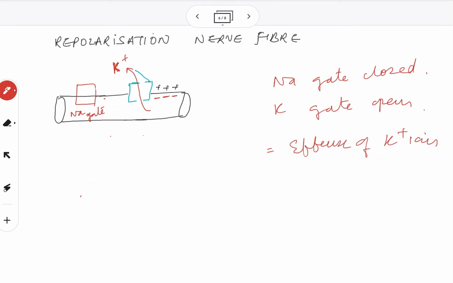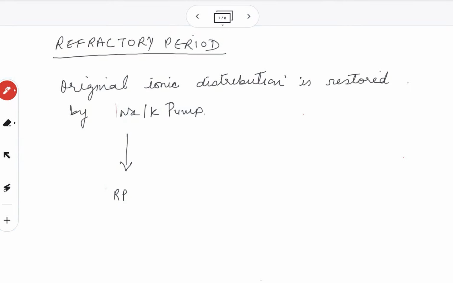So what is the net result? There will be positive charge on the outside and negative on the inside after the repolarization. And this is similar to the polarized state.